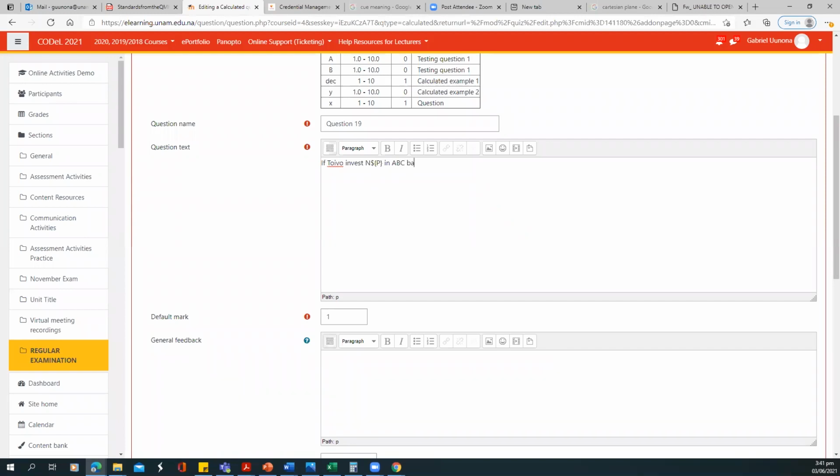ABC Bank at the rate of R in curly brackets percentage for T in curly brackets years.